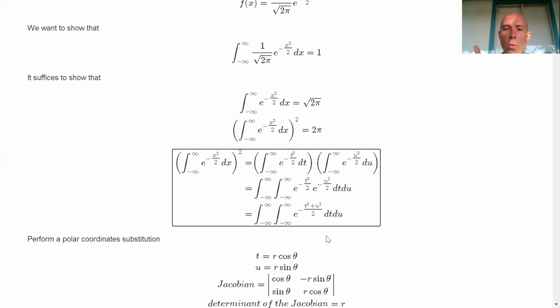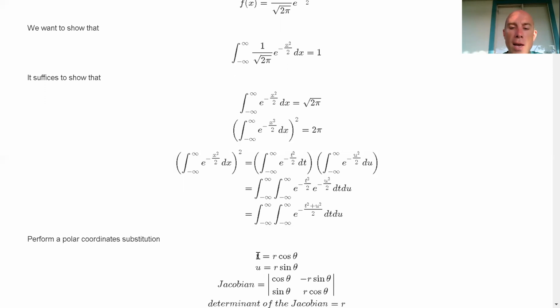Now, when I do a substitution with just a single variable, I'm going to be using a derivative to work it out. But I'm in the multivariate case. So you see that the relationship between t, r, and theta, and u, r, and theta, is a little bit more complicated than in the univariate cases that we've looked at.